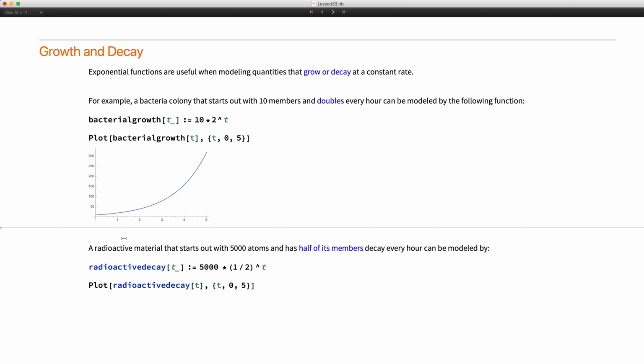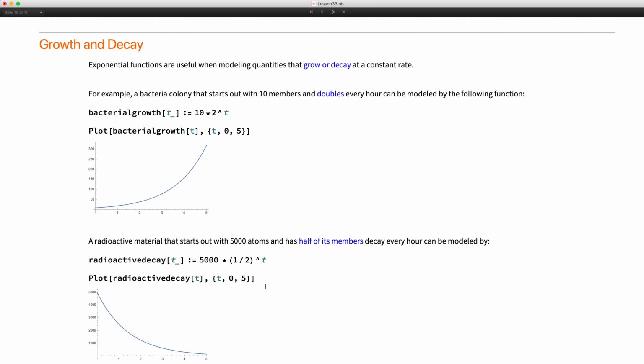On the other hand, if you have radioactive material, you begin with some quantity like over here, and the quantity, let's say, halves every time period, then you have radioactive decay. So there's growth and there's decay, and both of them can be modeled very nicely using exponential functions.